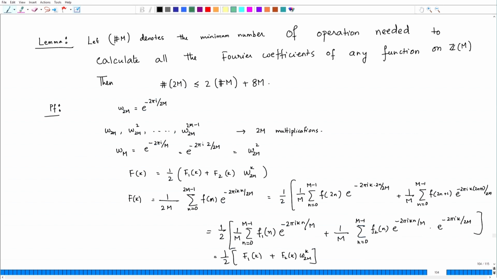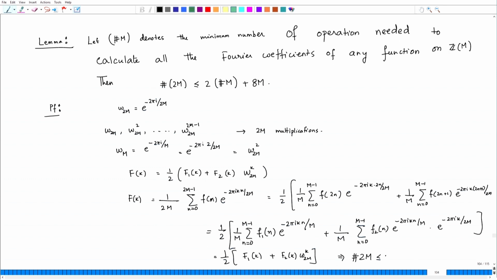So, as you can see, f hat k can be computed with at most 1 addition and 2 multiplications. Therefore, the number of multiplications and additions required for Z 2 m is less than or equal to the following. For f 1 and f 2 I need m, assuming this is the number in which I can compute for Z m.